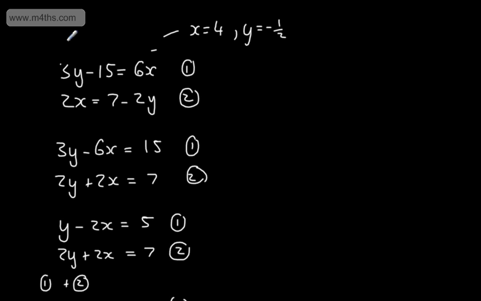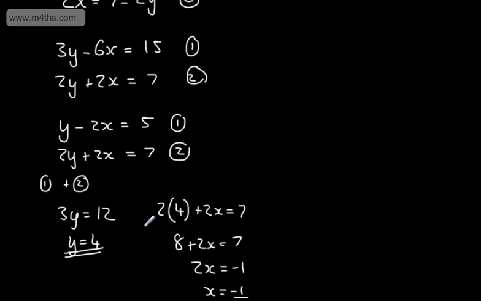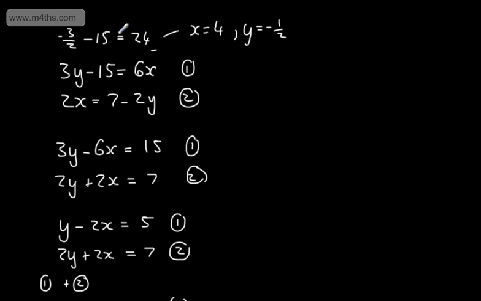Let's check, have I got the right values in? y is equal to 4, x is equal to negative 1/2. That's probably why that doesn't look like it's going to work, so let's change that over.